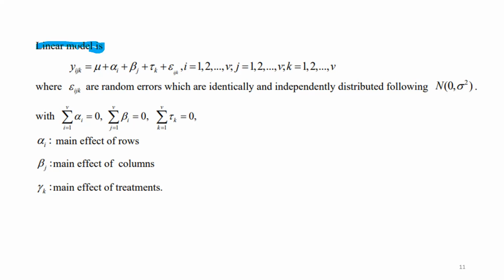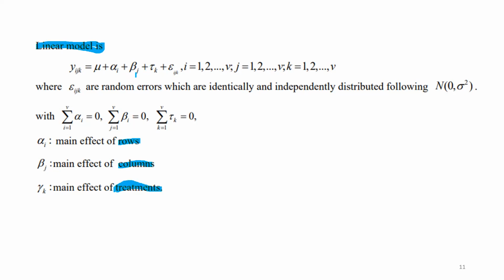So the linear model for the Latin square design is in this way: mu plus alpha i, beta j, and tau k. Alpha is representing the effect of rows, beta is representing the effect of columns, and tau is representing the treatment.